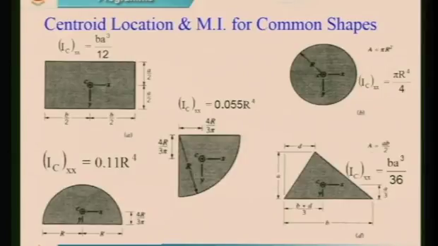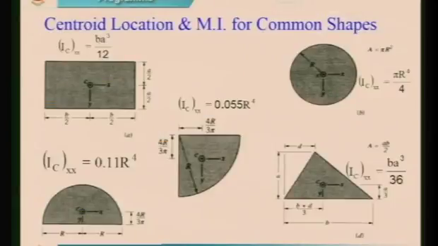So mind it well, we need to remember the centroid of a rectangle, b by 2 and d by 2; circle, the center; semicircle, r and 4r by 3 pi; quarter of a circle, 4r by 3 pi, 4r by 3 pi. For a triangle, h by 3 or height by 3 and b plus d by 3. And moment of inertia for a rectangle, ba cube by 12.